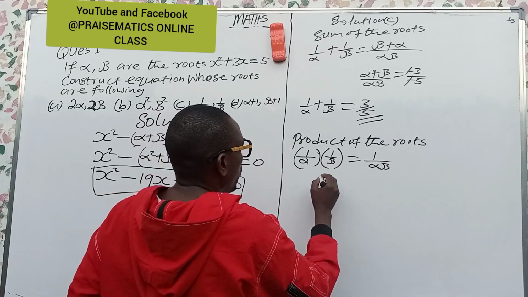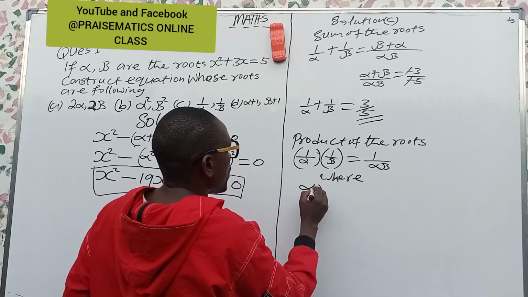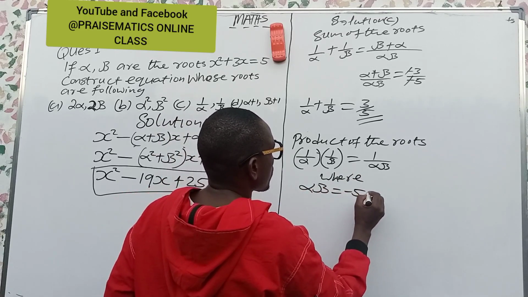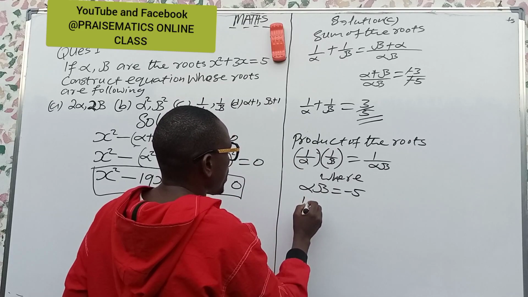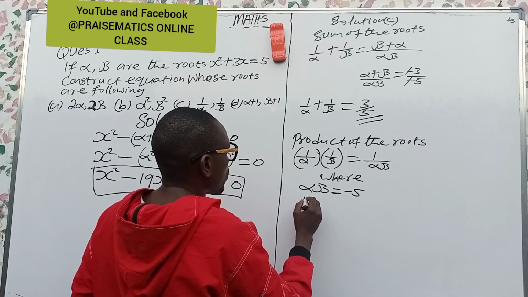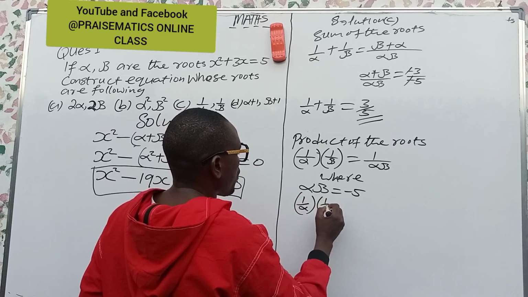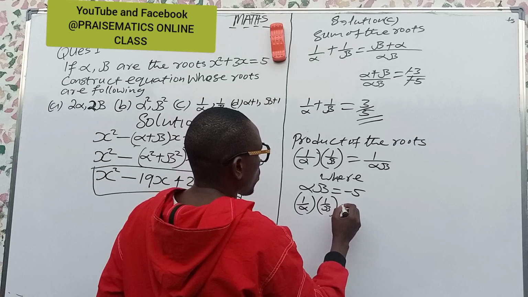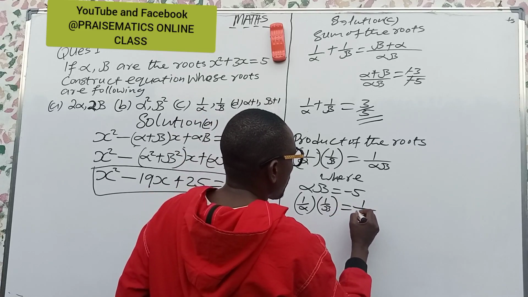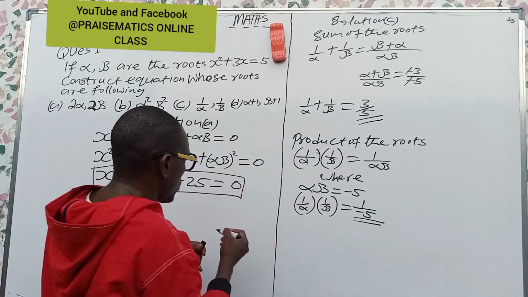Now recall that alpha beta is equal to minus 5. From this place, 1 over alpha beta is equal to 1 over minus 5. That is what we get, 1 over minus 5.